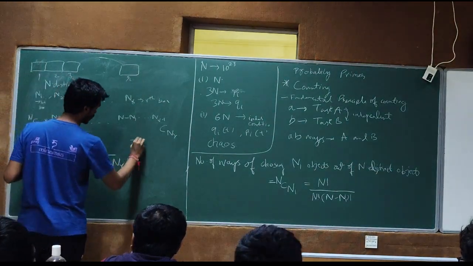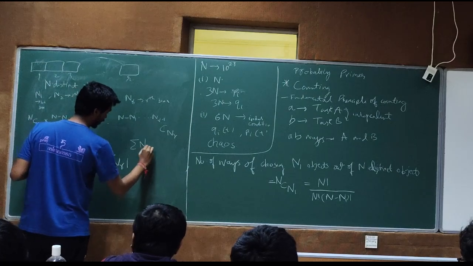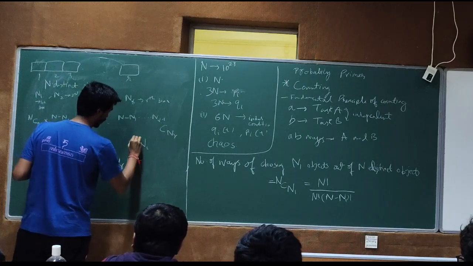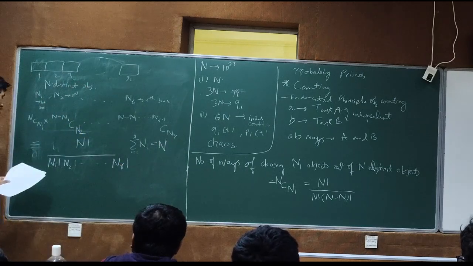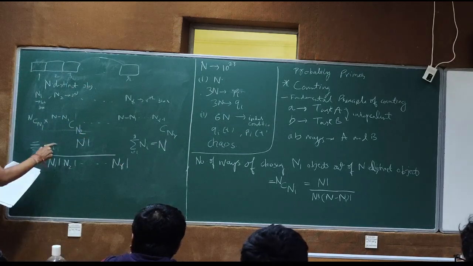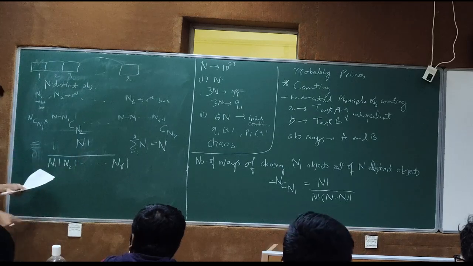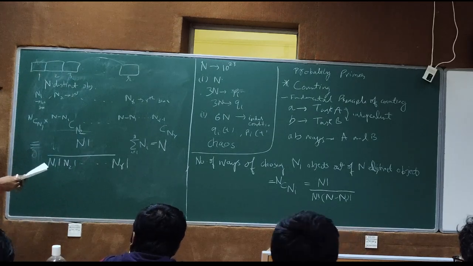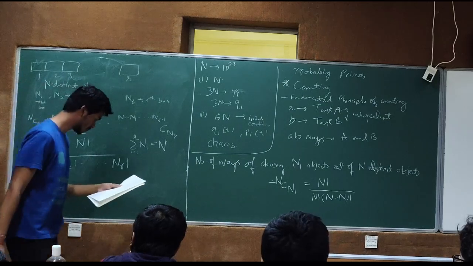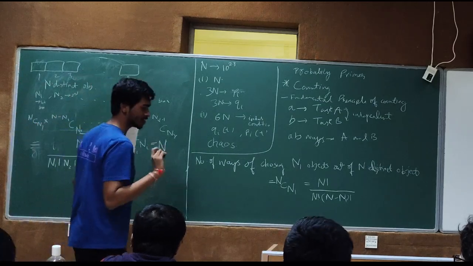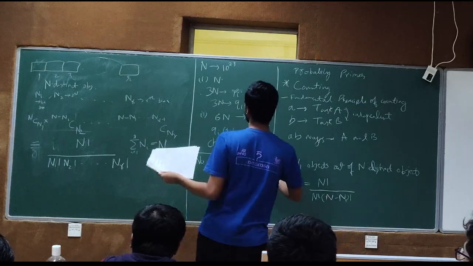So this is called a multinomial coefficient, and this is the number of ways of distributing the objects. Okay, so these are the things that we need from counting.